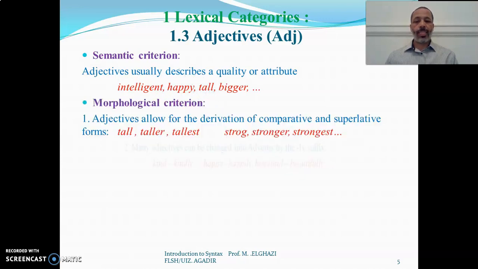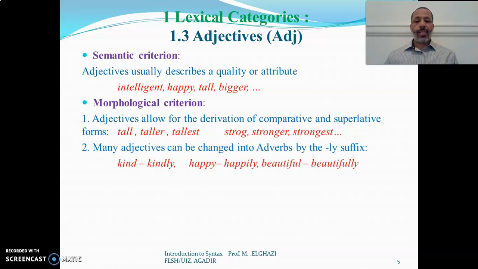Morphologically, the adjectives allow for the derivation of comparatives or superlatives, like tall, taller, tallest, strong, stronger, strongest. Again, many adjectives can be changed into adverbs by the addition of the suffix "ly". Kind becomes kindly, happy, happily, beautiful, beautifully.